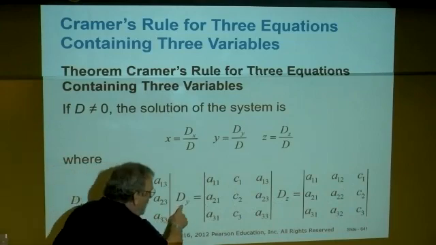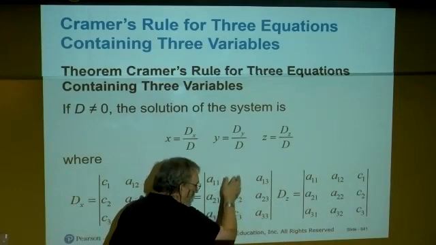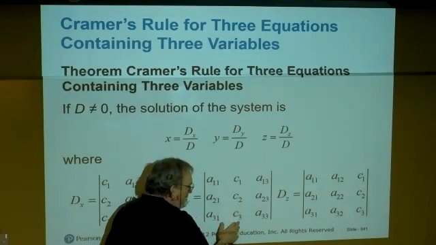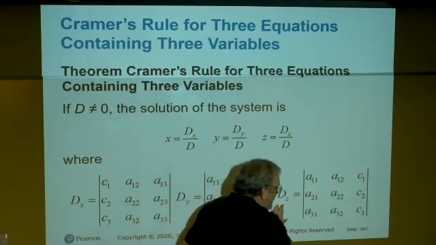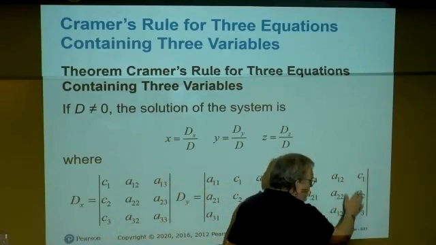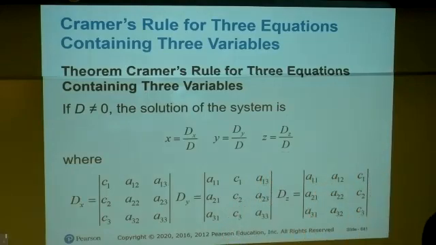And then the D sub Y is the same thing. You're just replacing the Y column, the column of the Y coefficients, with the constants. And D sub Z is the same thing. You're just replacing the Z coefficients with the constants.